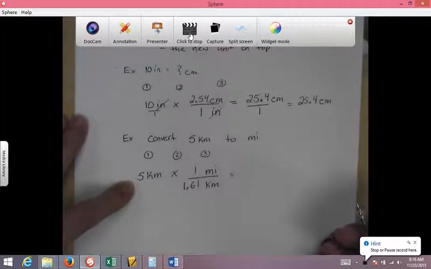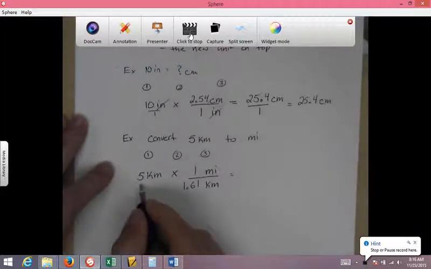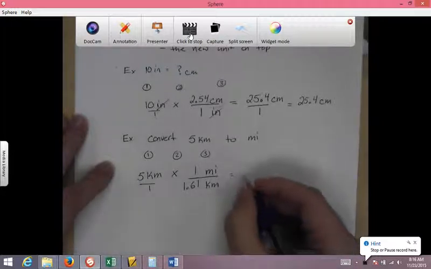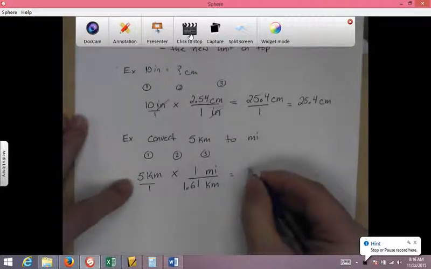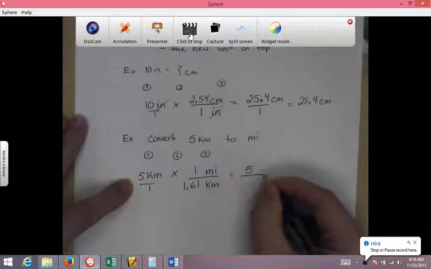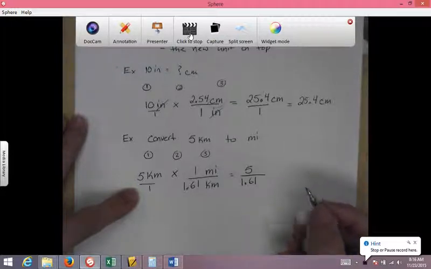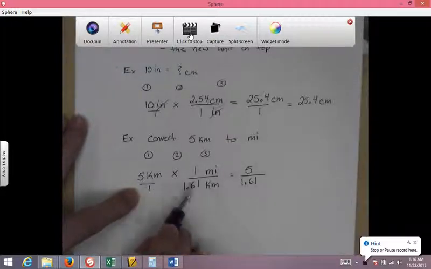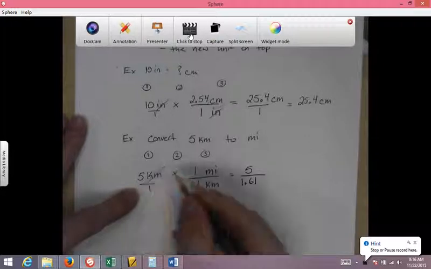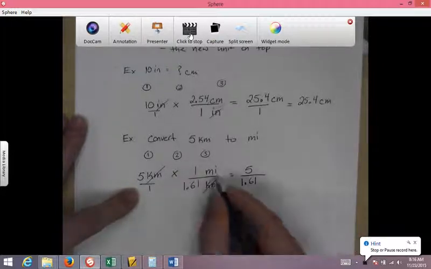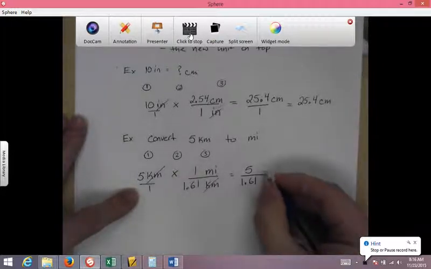To make this a fraction, I can put this over 1. On top, I have 5 times 1, which is 5. On bottom, I have 1 times 1.61, that's 1.61. I have the same units on top and bottom because of how we set this up, so they cancel. The only unit left is miles, so I write that.